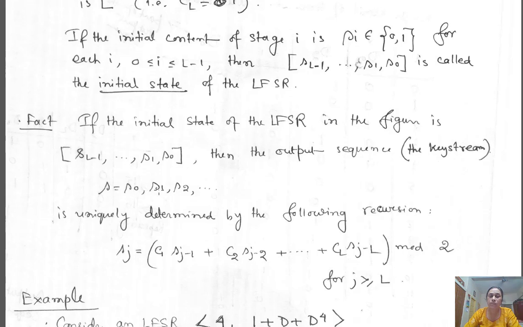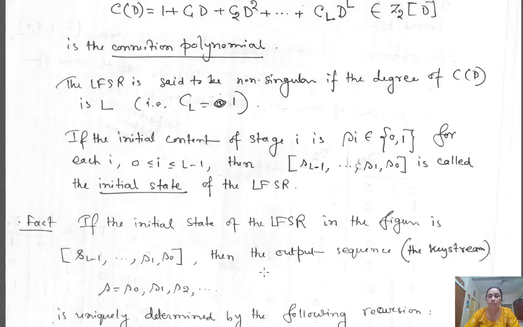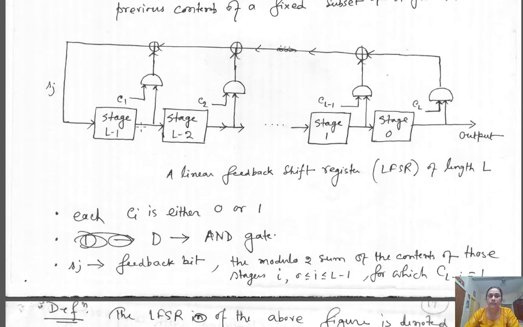So initially it is S0, S1, S2, up to S(L minus 1), and when you take j equal to L, by this recurrence it gives the values of Sj for j greater or equal to L. So if you calculate SL, it is C1 S(L minus 1), so you are taking AND of C1 and S(L minus 1), then AND of C2 and S(L minus 2), and so on, up to CL S(L minus L), which is S0.